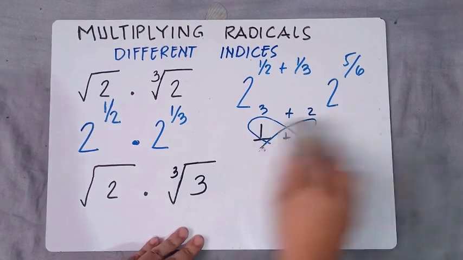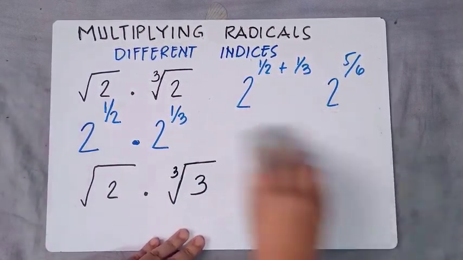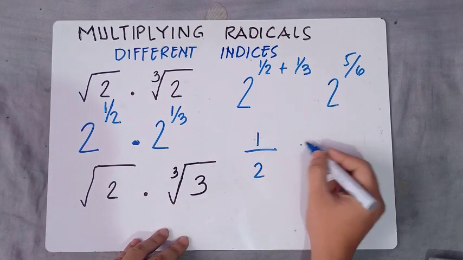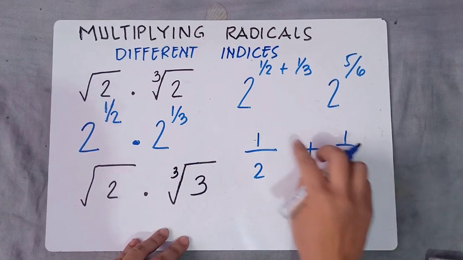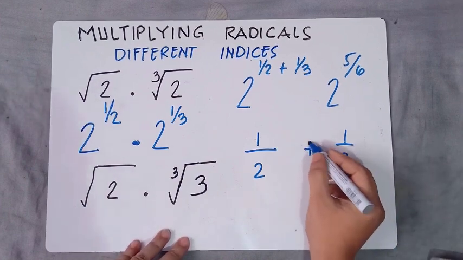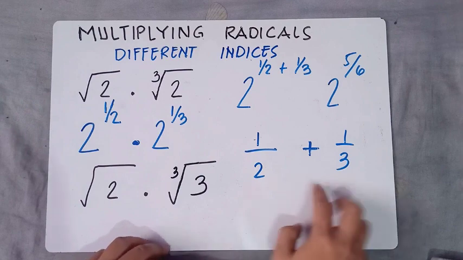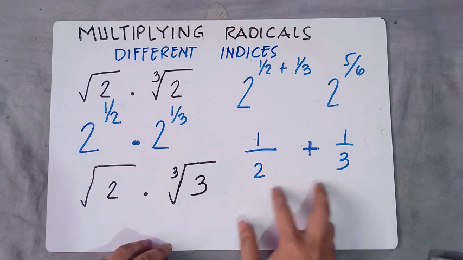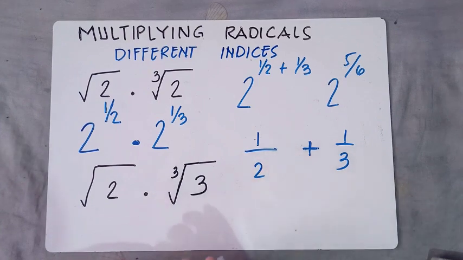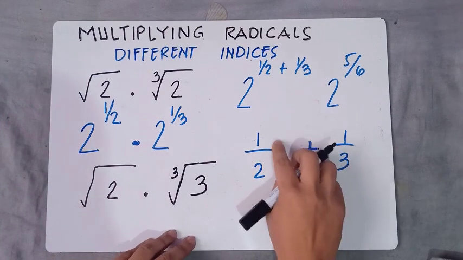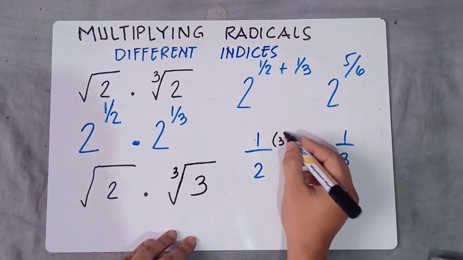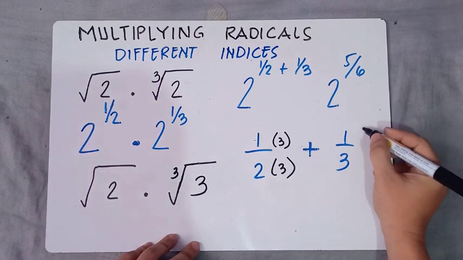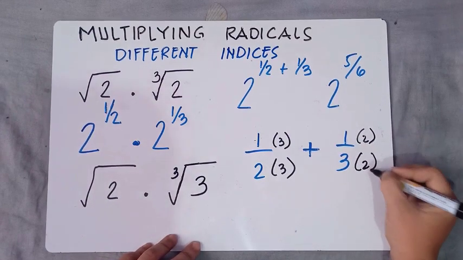And the last method is to get the common factor. It depends on your class, which do you prefer. For example, 1/2 plus 1/3. We need to get a common denominator of 2 and 3, which we can make 6, because the least common multiple of 2 and 3 is 6. So you multiply 1/2 by 3, and for this one, to make it 6, you multiply it by 2.